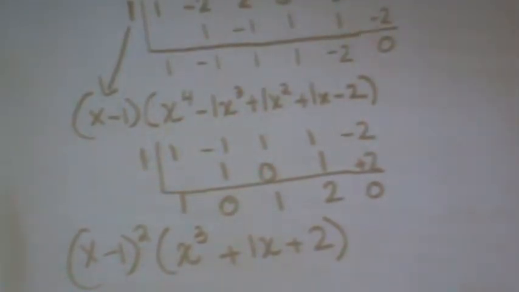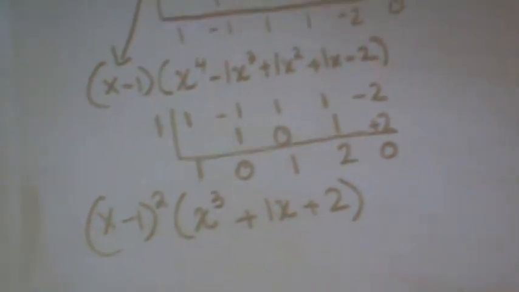So now, if we try 1 again, it's not going to work. Let's try something else. Let's try negative 1. So we have 1, 0, 1, and 2. Bring down the 1. Multiply, add, multiply, add, multiply, and add. We got another 0.